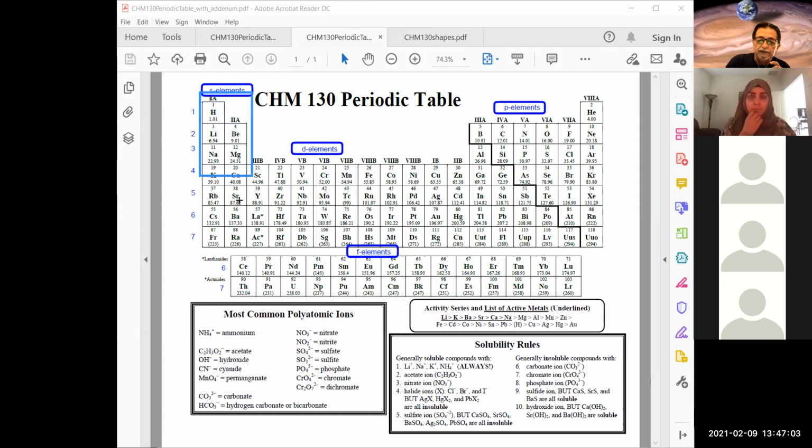So the S represent these guys right here. Let me change the color. The D are right here. And the P are right here. And let me get a different color. Let me try green. And the F elements.